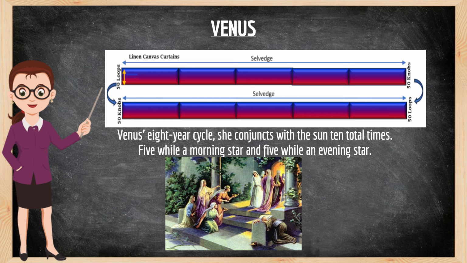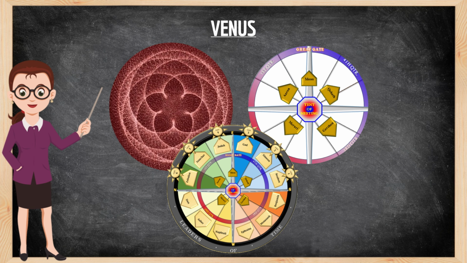So let's take a moment to look at Venus. After completing the camp placement, I immediately noticed that the camps of the Levites resembled the Venus-Rose cycle. Out of all the stars mentioned in the Bible, Venus is the only wandering star spoken of that is connected to prophecy.